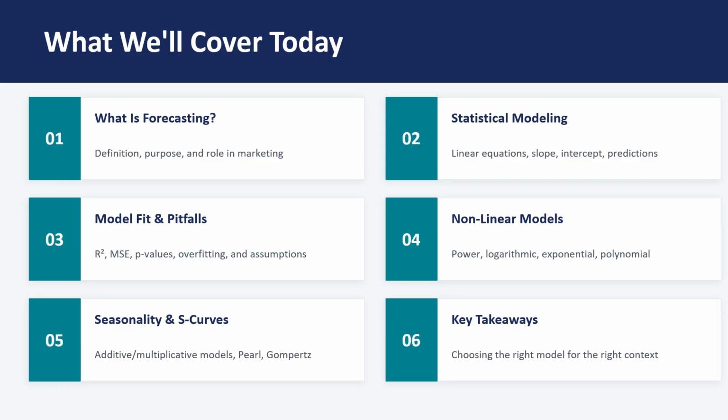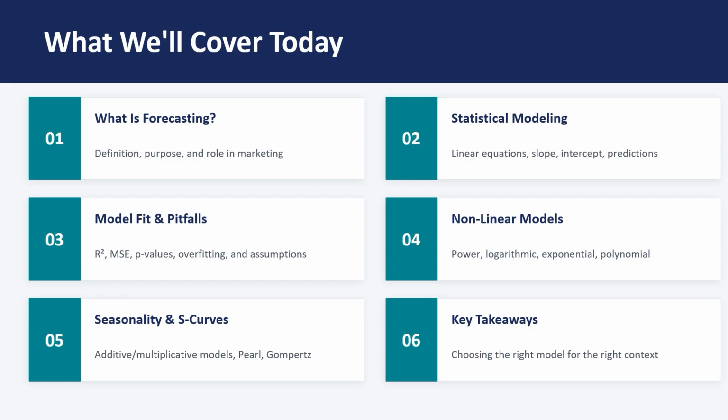Here is a quick roadmap of everything we will cover today. We have six main sections. First, we will define forecasting and ground ourselves in why it is such a critical capability in marketing. Then, we will dig into the mathematical foundation, the linear equation, before moving on to how we measure whether a model is actually working well.